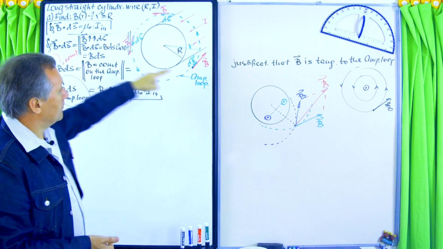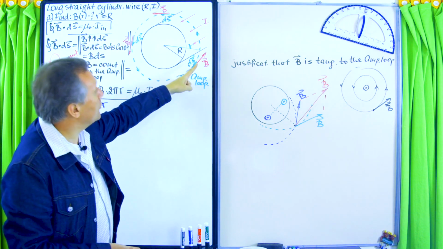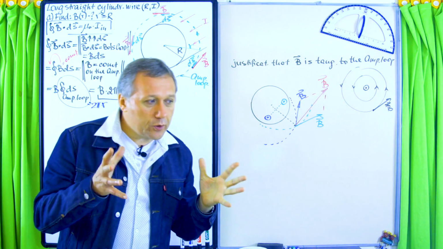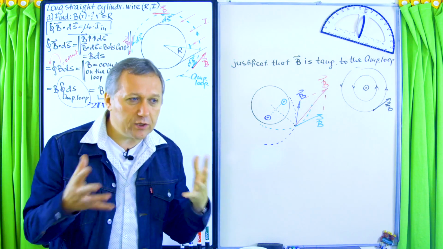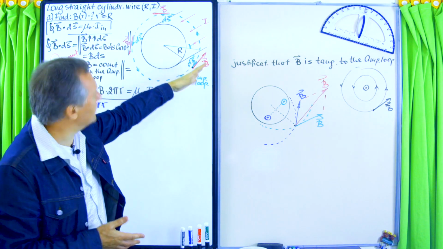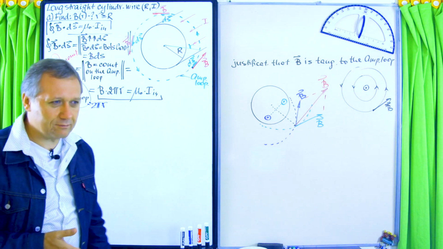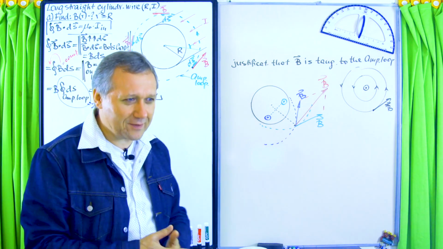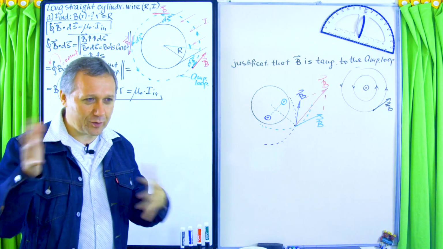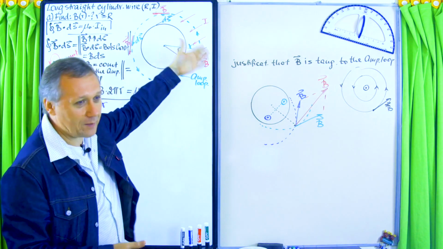What would be the case in terms of our steps? B, the magnetic field, is still going to be tangent to this circle, because with our choice of an Amperian loop, we cannot change the nature. We cannot change the direction of the magnetic field. Magnetic fields are determined by God, right? So somehow he created all this nature, right? So in this case, the magnetic field is all the time tangent to the circle.